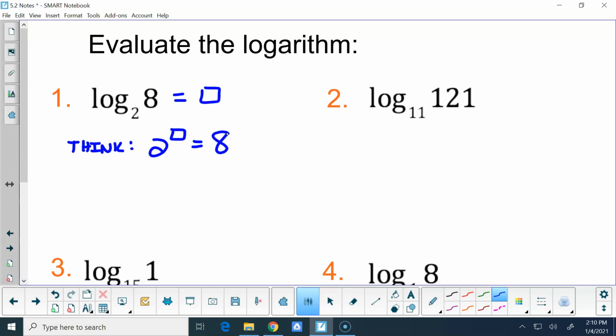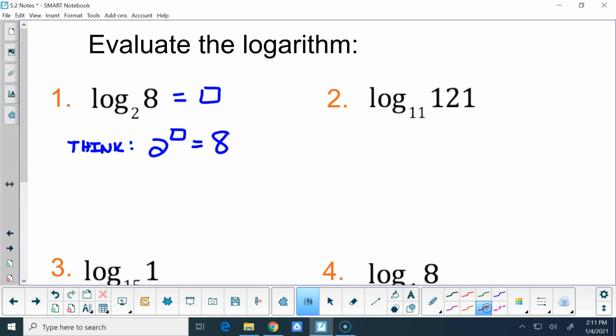Now, if you see what I did there, I switched forms. That's how we're going to be solving all of these problems throughout the rest of the week and the rest of the semester. We're going to be switching forms with it. So what exponent do I have to put onto 2? Well, 2 times 2 is 4, times 2 is 8.